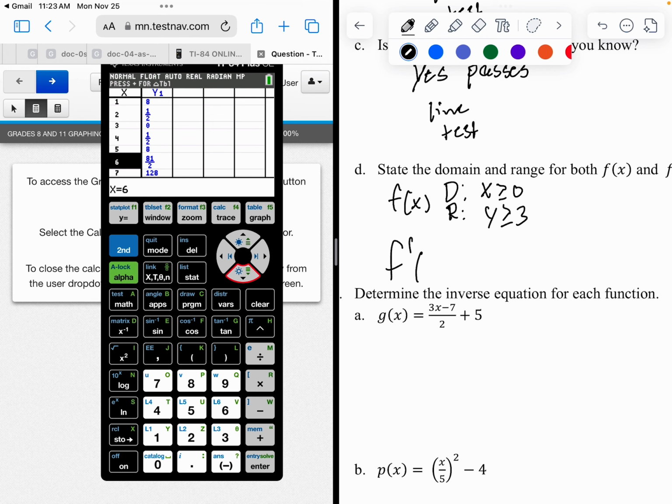Now the inverse has to have the opposite domain and range. So basically all you do is flip-flop the x and y.